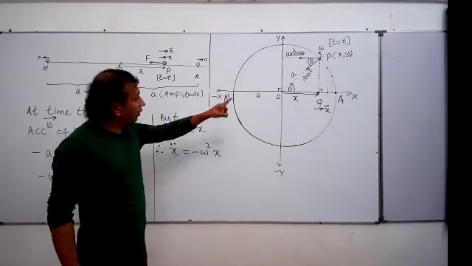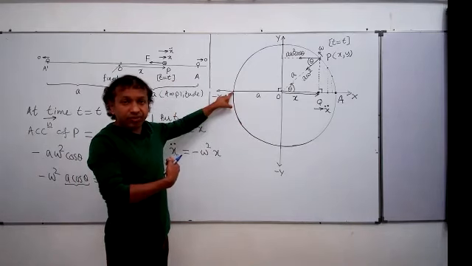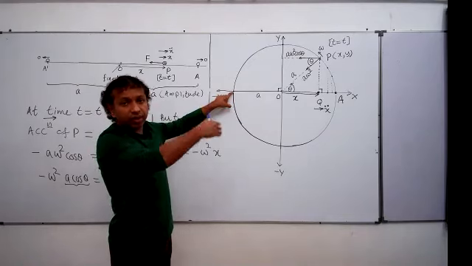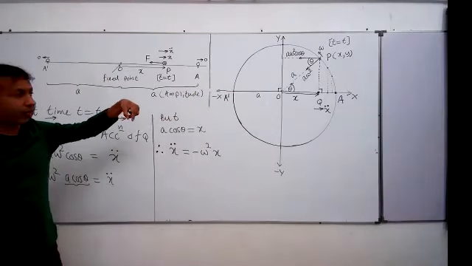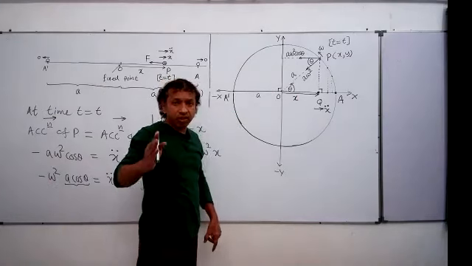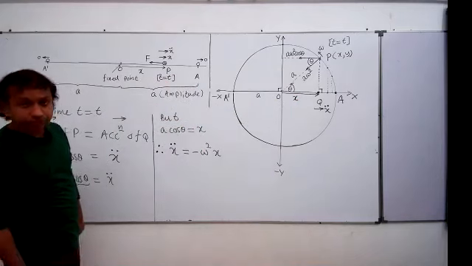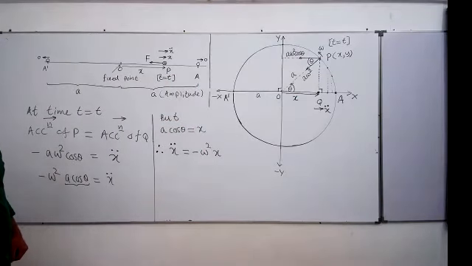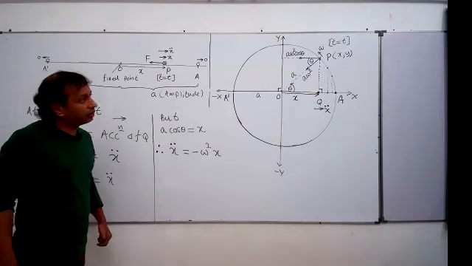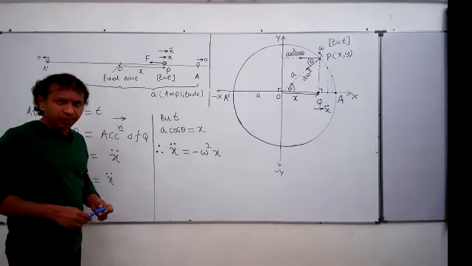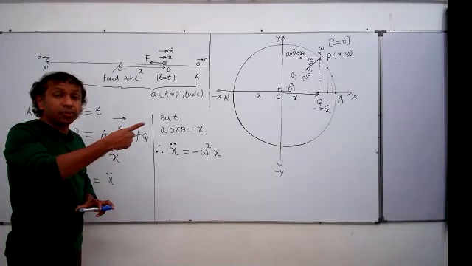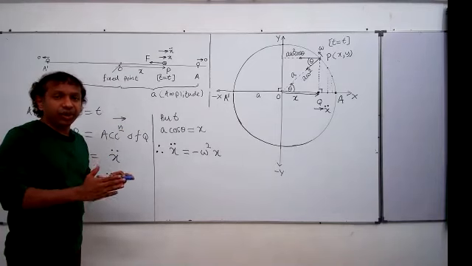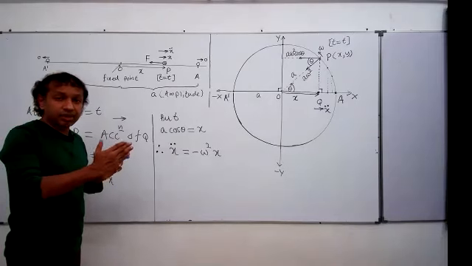The point Q can't move beyond this A dash leftward and beyond that A. So therefore, point Q moves between A and A dash, center is O. Since the radius of the circle is simply the amplitude of the simple harmonic motion, it is simply A. So therefore, while the point P moves on the circle with constant angular velocity omega, the point Q moves in a simple harmonic motion with center O and radius A as the amplitude.